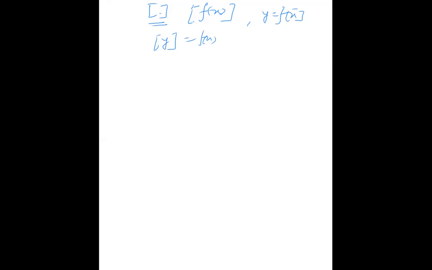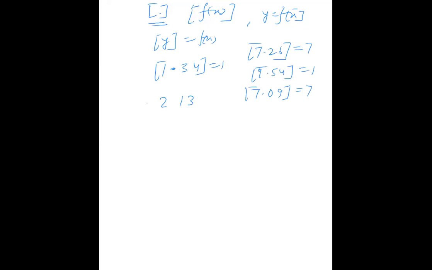We know that for 7.26, the greatest integer will be 7. For 1.54, the greatest integer will be 1. For 7.09, it will be 7. For 1.34, it will be 1. For minus 2.13, the greatest integer will be minus 3, and so on, right?